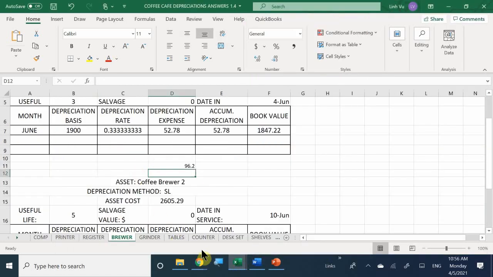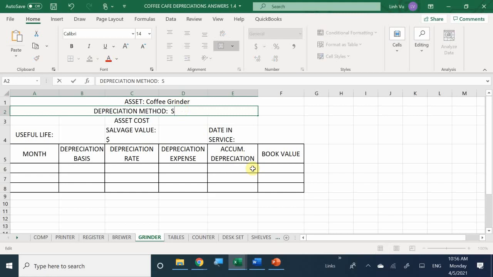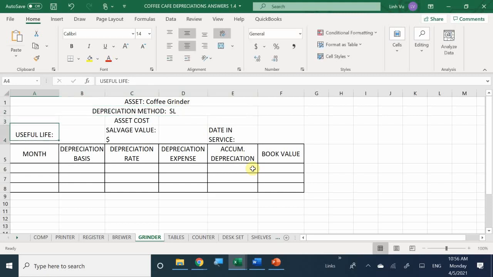So depreciation table here, I'm going to go to coffee grinder. So we know the method that we're going to use is straight line, right? Useful life is 5 years. And this is also salvage value of 0.